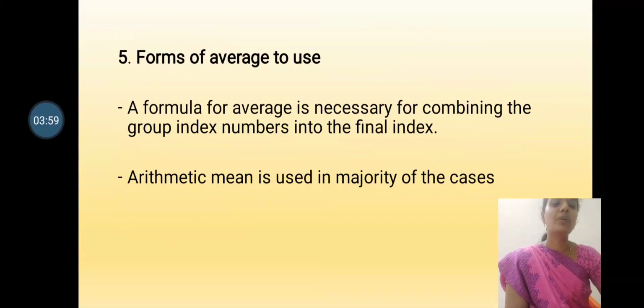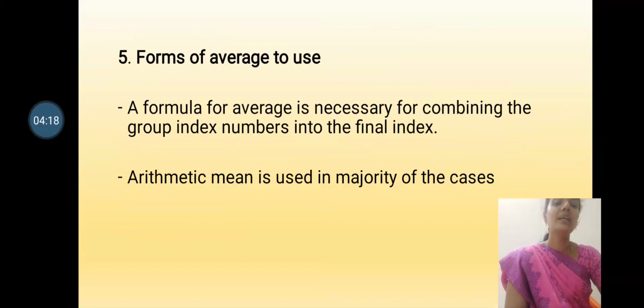Again here a formula for average is necessary for combining the group index numbers into the final index. So here for the purpose of averaging, the arithmetic mean or the geometric mean is generally employed. In certain cases, the median is also used.